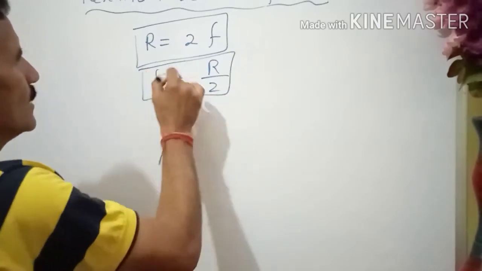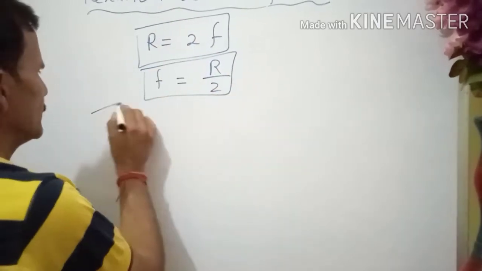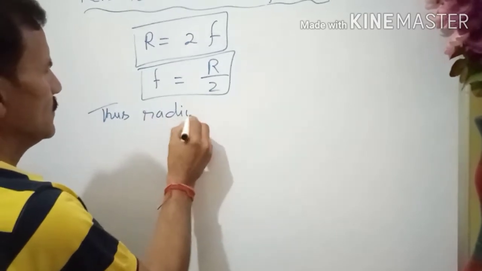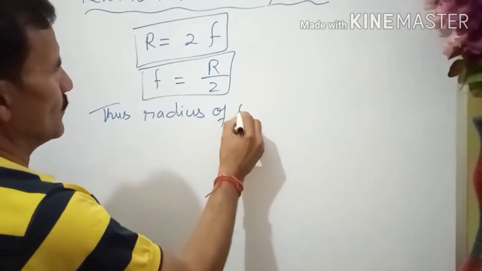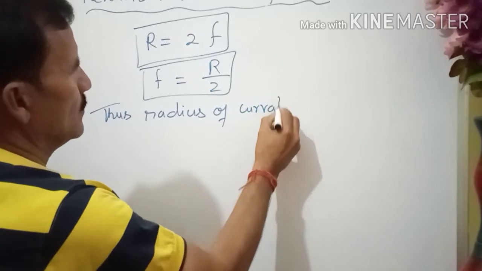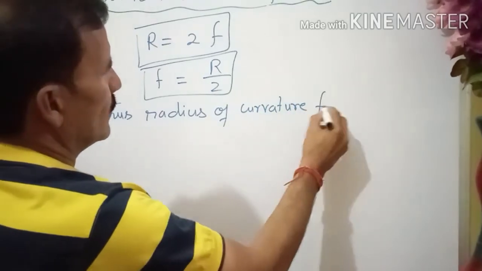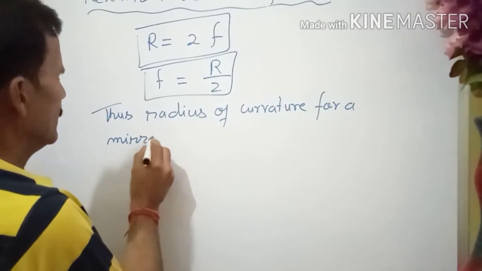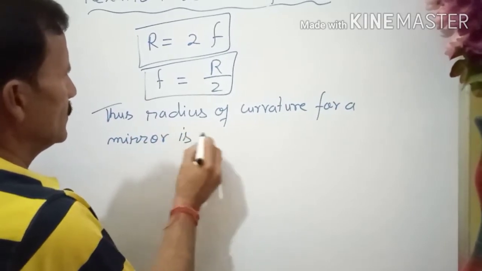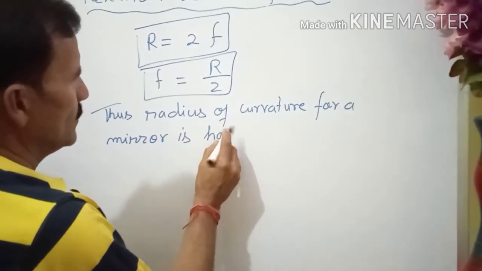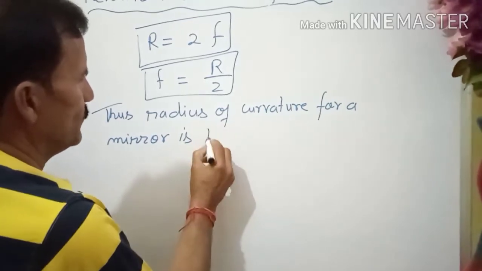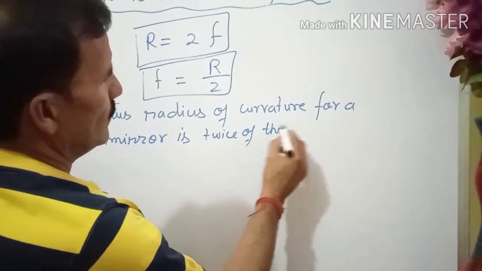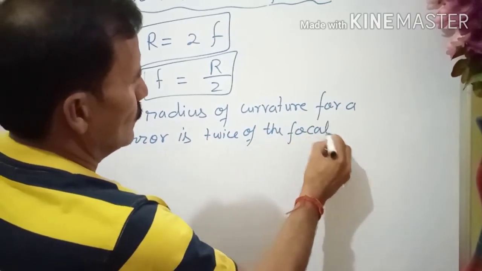Both are the same. So thus the radius of curvature for a mirror is twice the focal length.